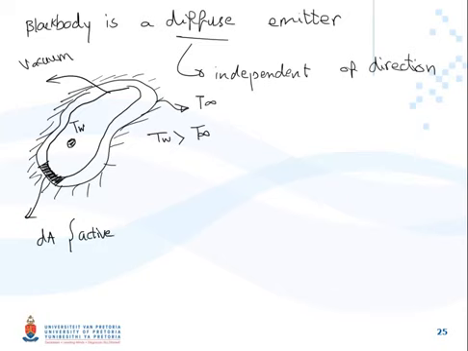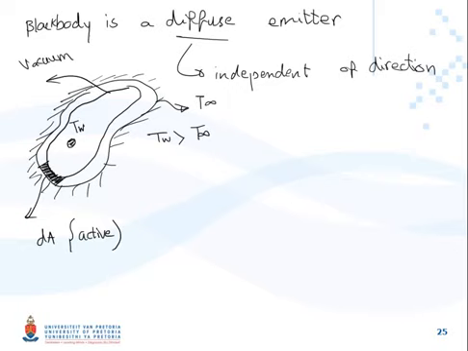So the rest of the area is not radiatively active. The only active area is dA. Will it change anything? No. Exactly the same thing will happen as in the previous case.